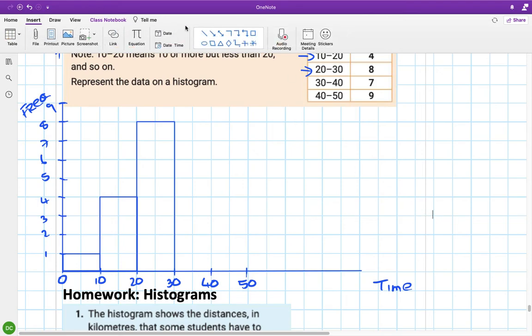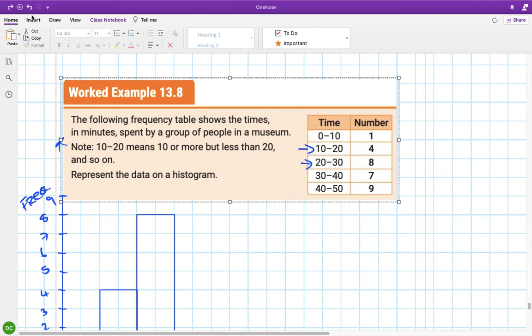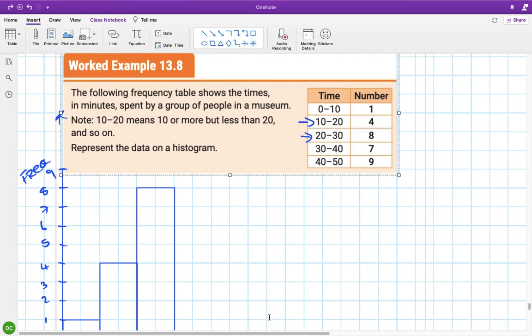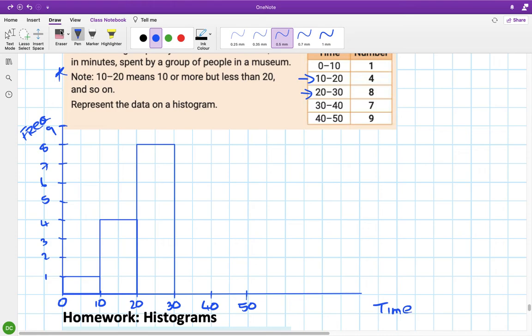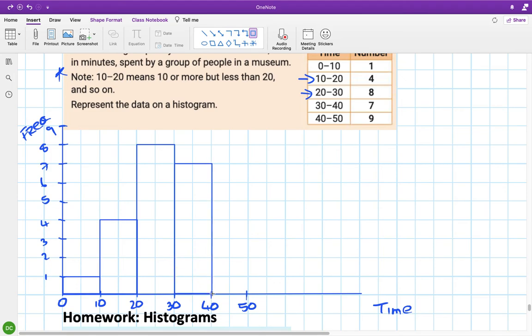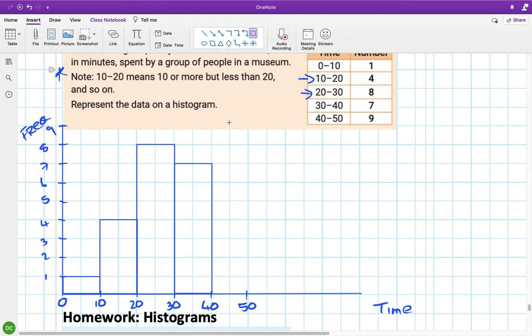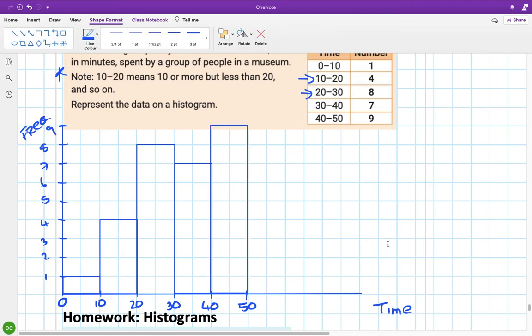Then 7, so 7 is there. And 9. It's kind of hard to tell exactly where 9 starts, but about there. Close enough, it's a little bit off.